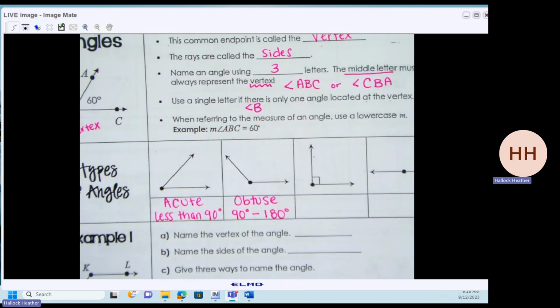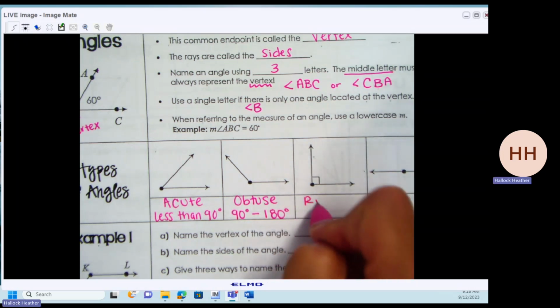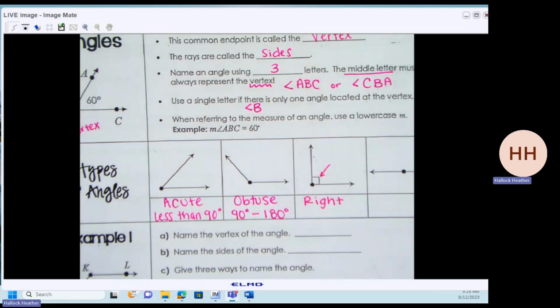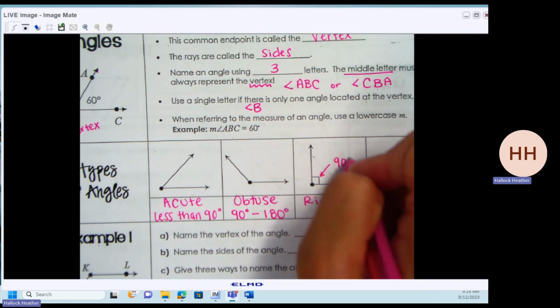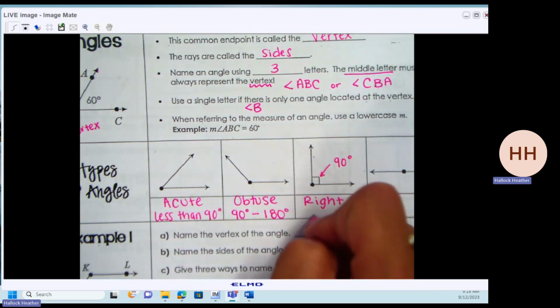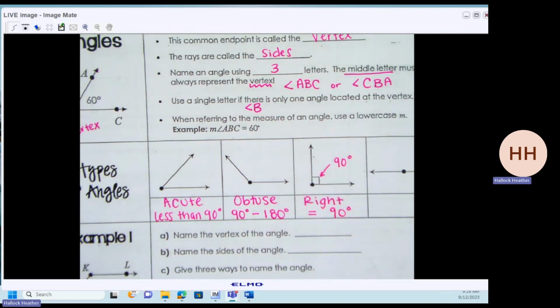So anything bigger than 90. And then this one, it has a little square. That is a right angle. If you see this square, the square means that it's equal to 90 degrees. So it's not less than 90, it's not more than 90. This is equal to 90 degrees no matter what, because the square is a right angle.